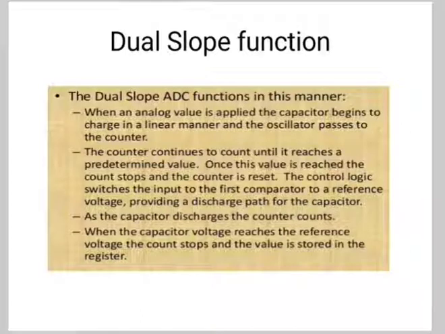The dual slope ADC functions in this manner. When an analog value is applied, the capacitor begins to charge in a linear manner and the oscillator passes to the counter. The counter continues to count until it reaches a predetermined value. Once this value is reached, the count stops and the counter is reset.